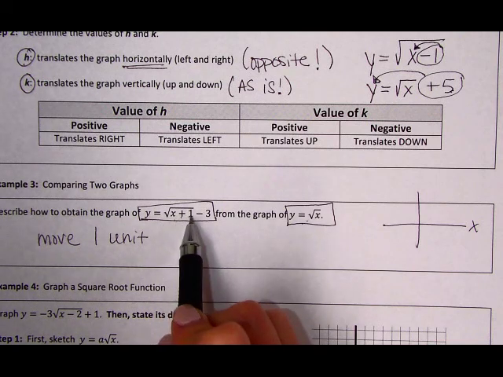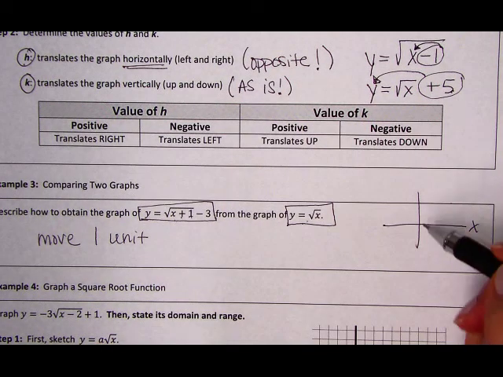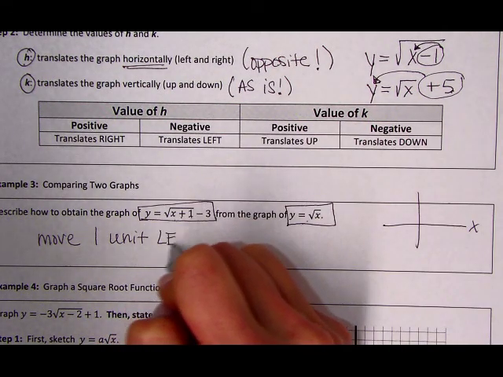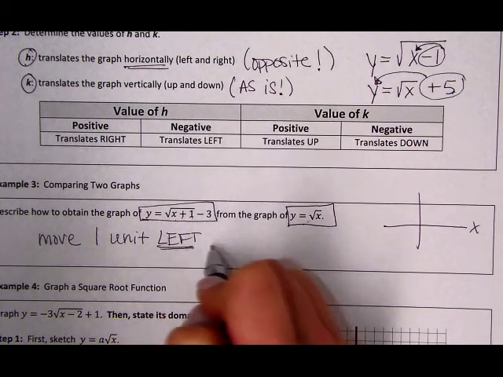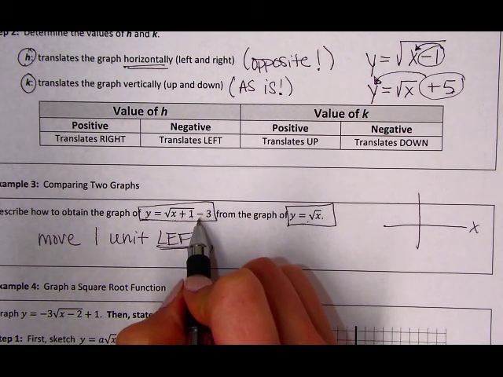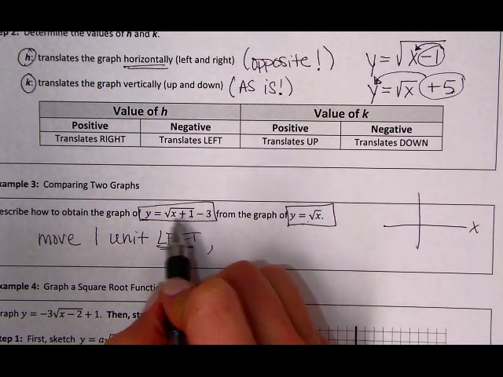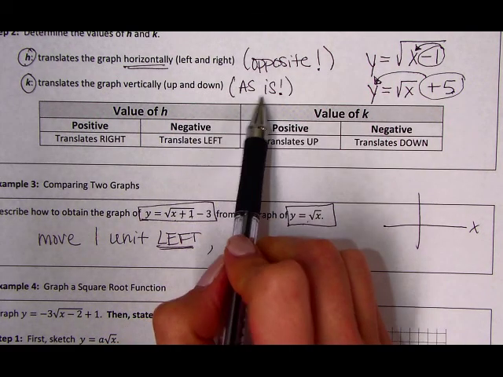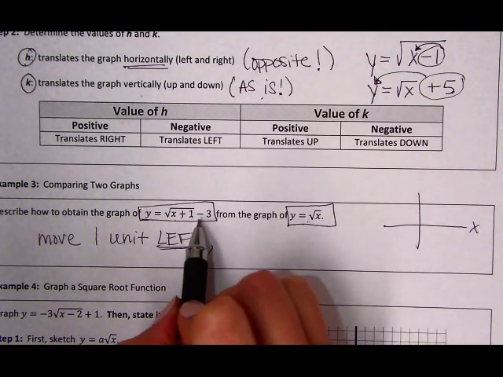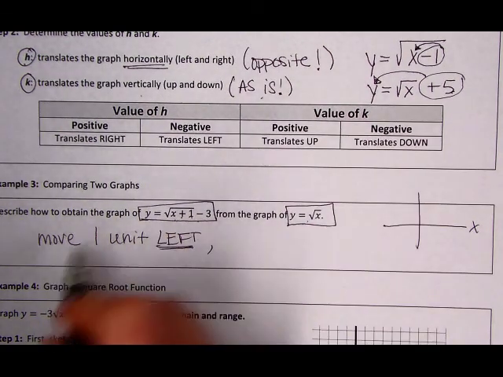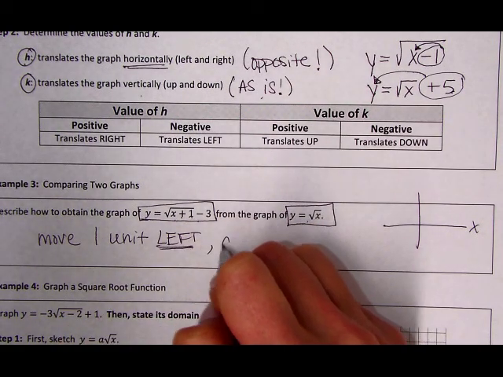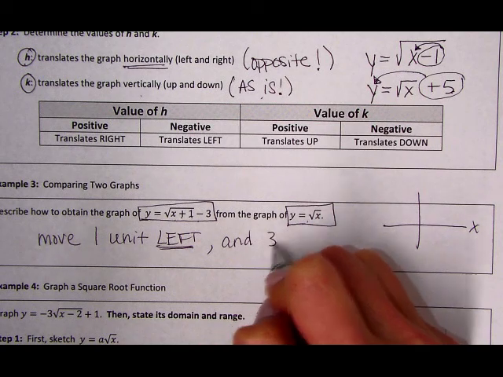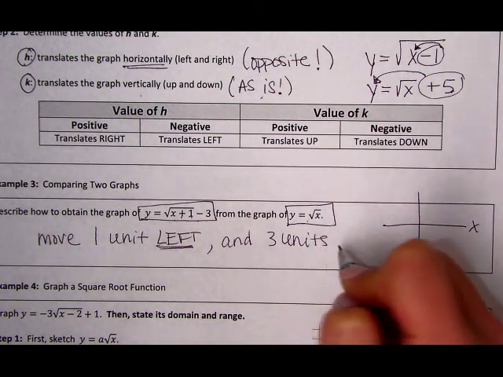So if it's +1, I'm going to move opposite, which is to the left 1 unit. And then the -3 on the outside, because it's not part of my radical symbol, -3 is going to be true to its symbol, and it's going to move up or down. And because it's -3, I also know I'm going to move 1 unit left and 3 units down.